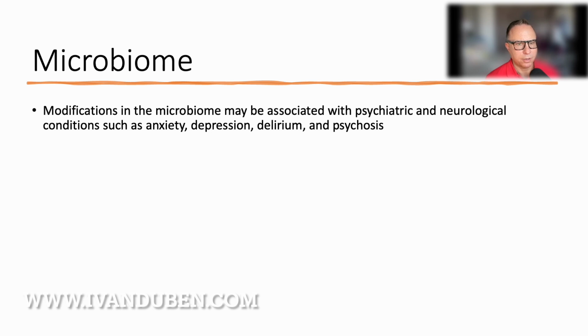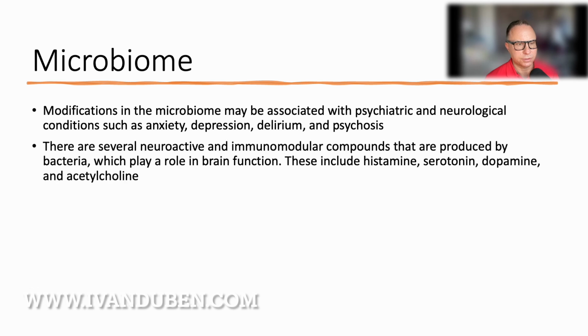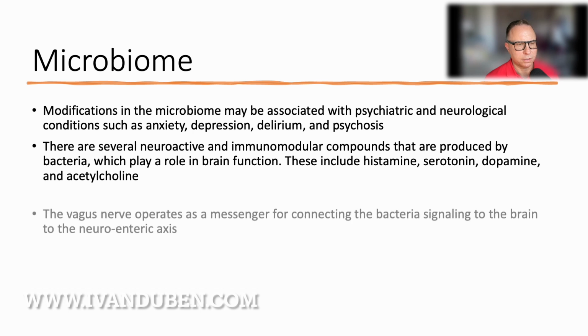Modifications in the microbiome may be associated with psychiatric and neurological conditions such as anxiety, depression, delirium, and psychosis. There are several neuroactive and immunomodulatory compounds that are produced by bacteria which play a role in brain function. These include histamine, serotonin, dopamine, and acetylcholine.